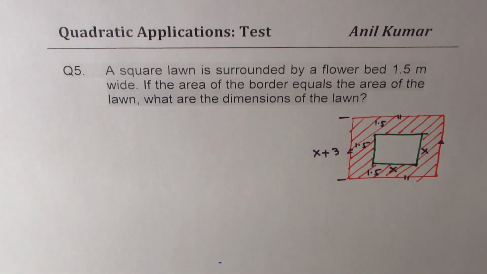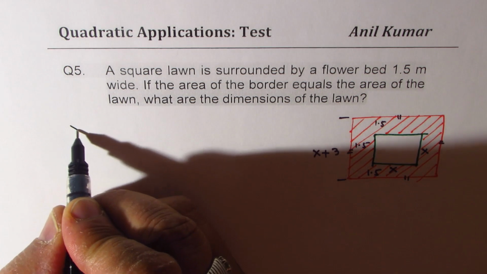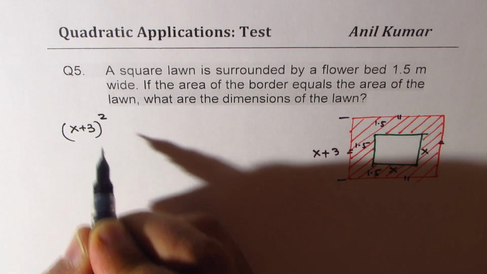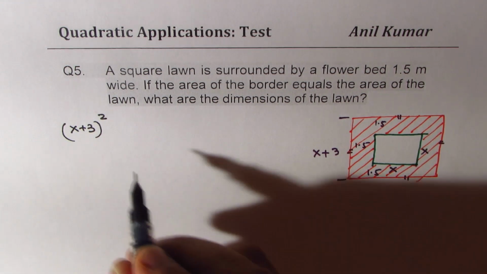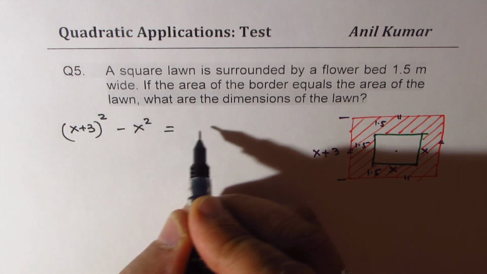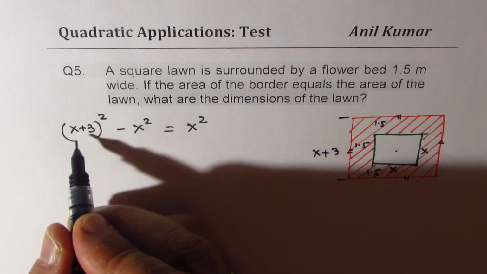Okay. So what is the area of the flower bed? Square of x plus 3 minus the inside area, which is x square, and that is equal to the inside area, which is x square. So I hope the equation is absolutely clear, right? So let's expand this.